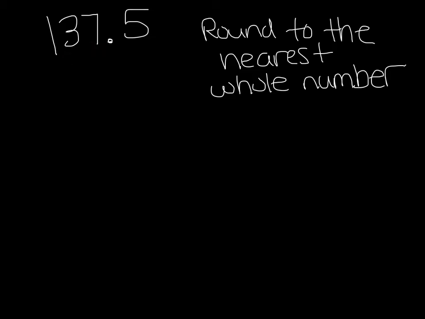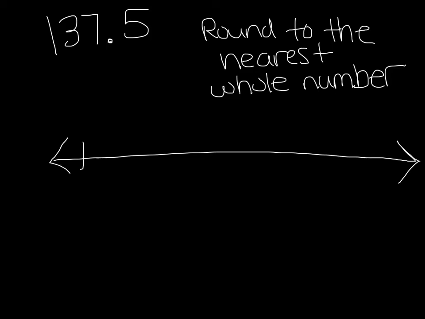So again, the first thing we do is say, what two whole numbers is this between? 137.5 is between 137 and 138. Okay, where is 137.5 on this number line? Okay, so I'm going to break it up into 10 again.